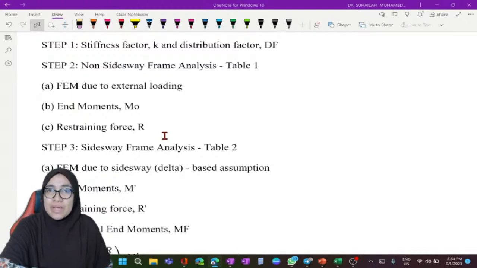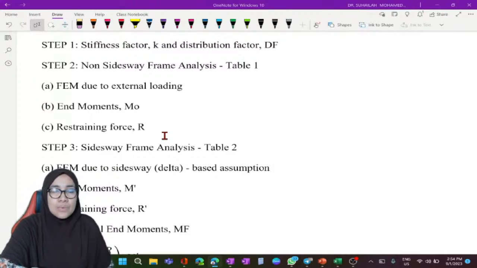For the non-sway frame, we consider only external loading to calculate the first moment in the table, and then after we finish distributing moment, we use all the member end moments that we get from the table, and we should do the static analysis in order to determine the restraining force.